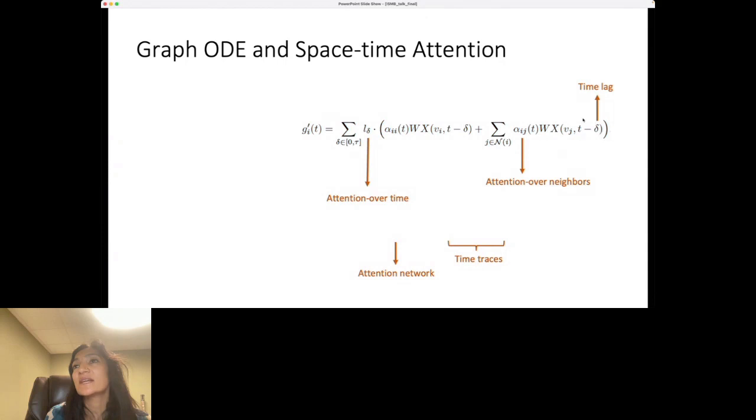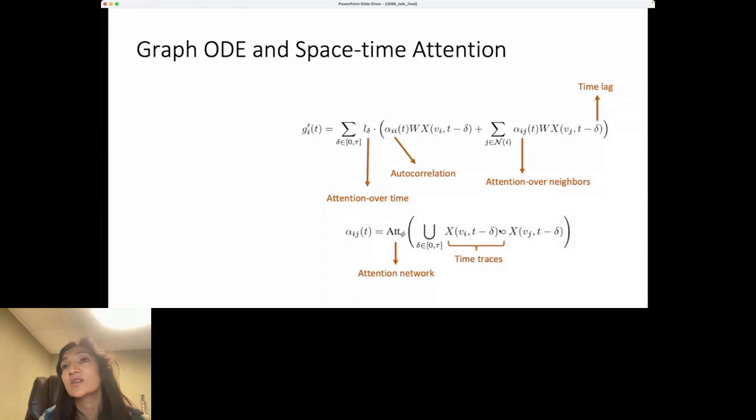The attention paid to neighbors is on a slightly earlier expression pattern, and you can model autocorrelation. So the gene has some inertia in how it changes. And these attentions are modeled by networks. These networks take into account time traces of whatever gene you're looking at, which allows you actually to even model hysteresis, which we're not sure exists in this setting, but it exists in neuroscience.